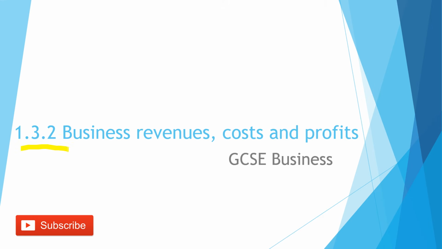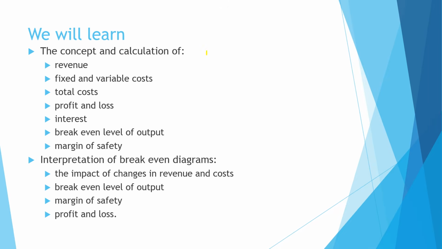Today we will be covering 1.3.2 Business Revenues, Costs and Profits. In this lesson we will learn the concept and calculation of revenue, fixed and variable costs, total cost, profit and loss, interest, break-even level of output, and we will understand margin of safety, and the interpretation of break-even diagrams.